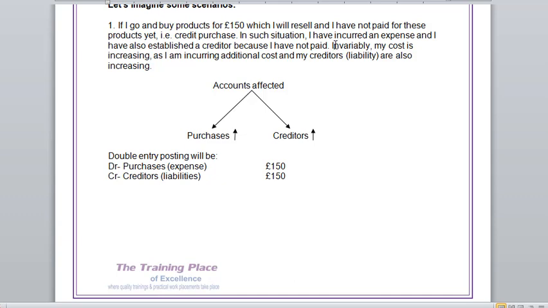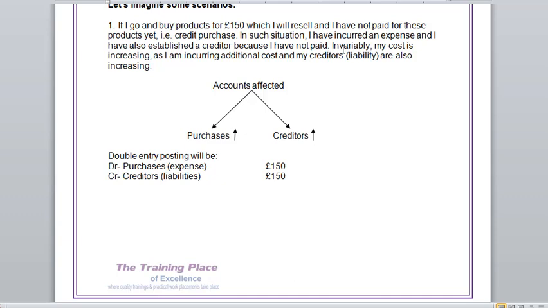If I bought some things from you yesterday for £100, I've not yet paid you. I'm owing you £100. I come again today, I buy another £100 from you. My expense is increasing. And the amount I'm owing you is also increasing. Now I owe you £200. The amount I'm owing is increasing.